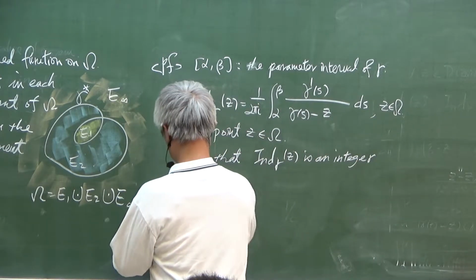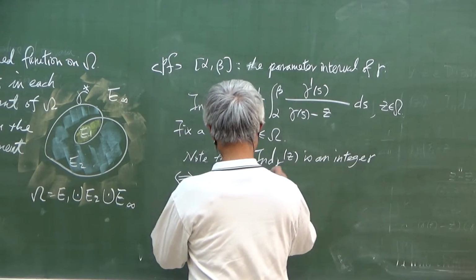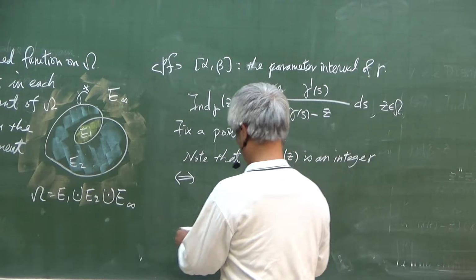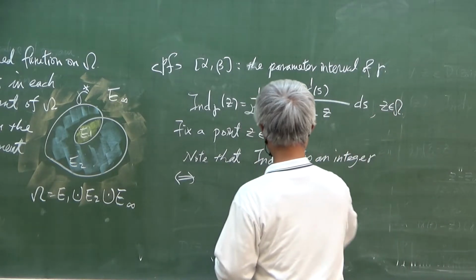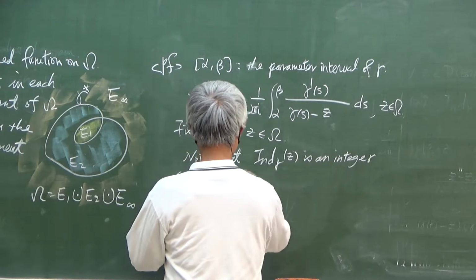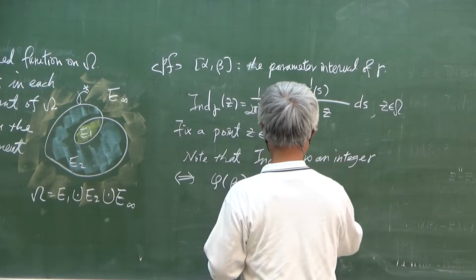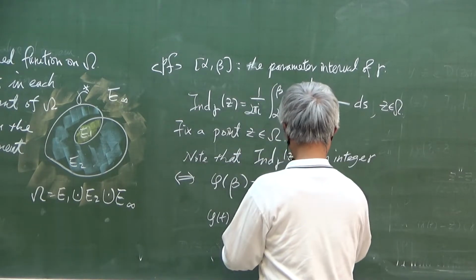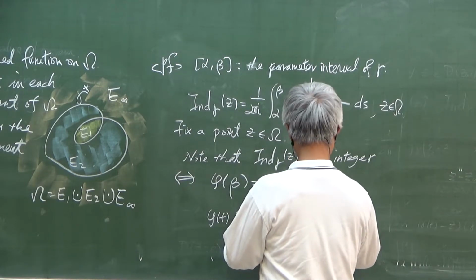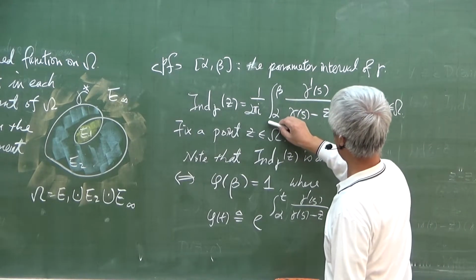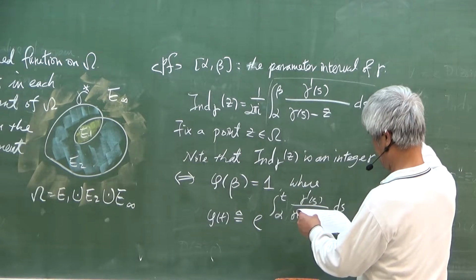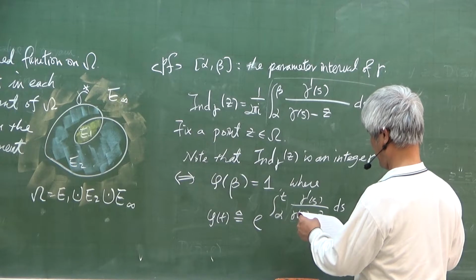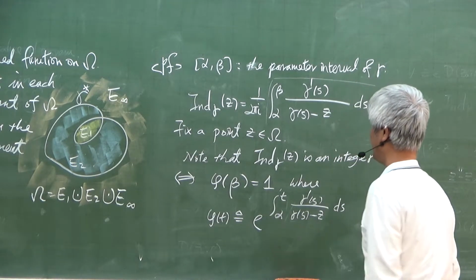The index is an integer if and only if phi of beta is equal to 1, where phi of t is defined in this way: exponential of the integral from alpha to t of gamma prime x over gamma x minus z dx.